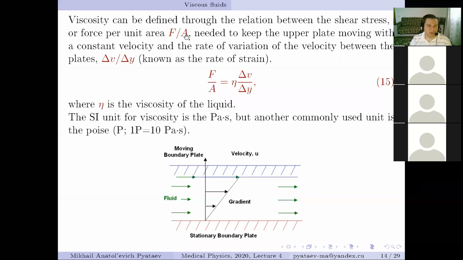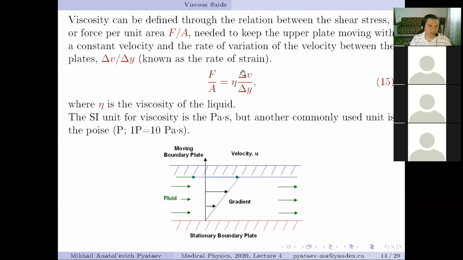And on the other hand, this force is proportional to the gradient of velocity. It is the change of velocity divided by the change of coordinate y.